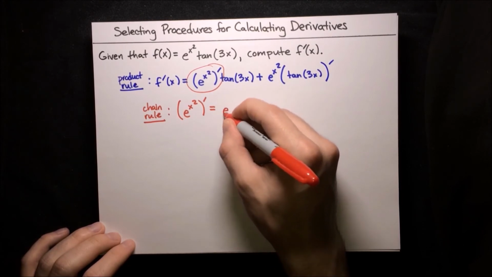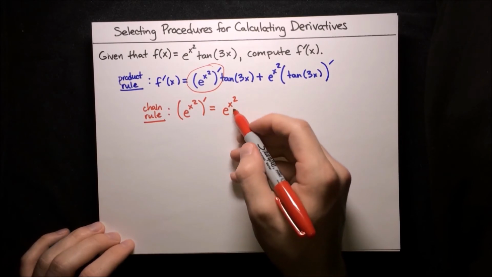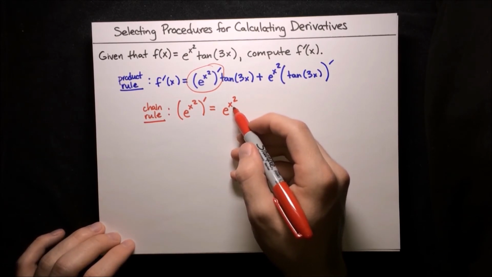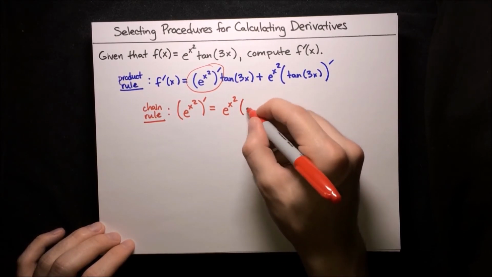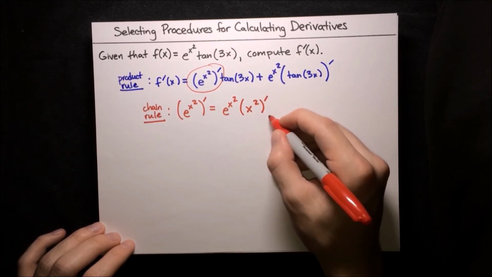So it stays as e to the x squared. But of course the power is actually a function of x, it's x squared, so we have to multiply by the derivative of that. So multiply by the derivative of x squared.